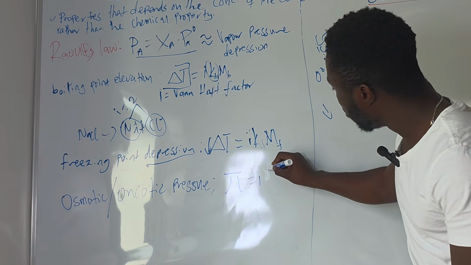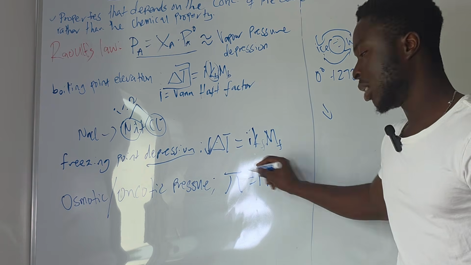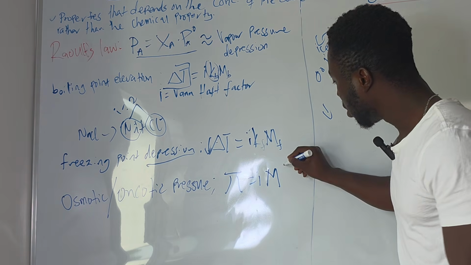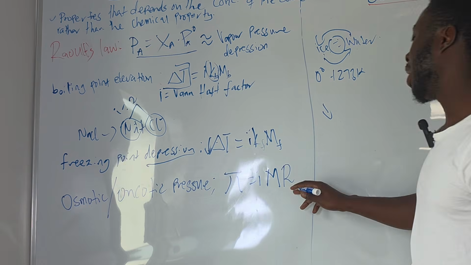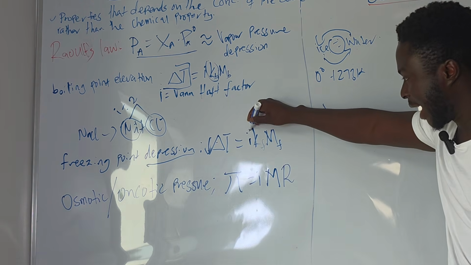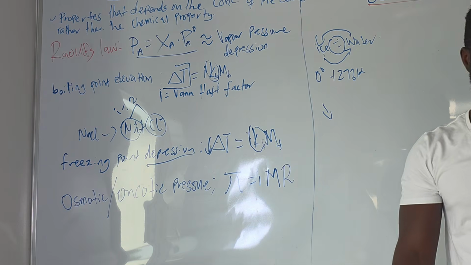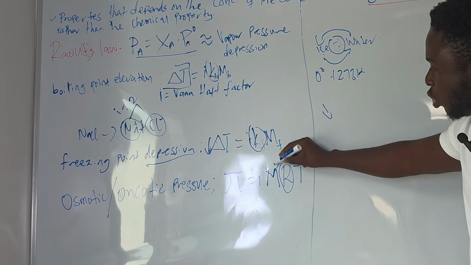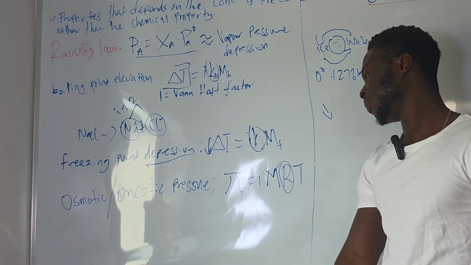Then the molarity, the concentration of the solute. The molarity multiplied by R. Now, R is a constant of proportionality, just like Kf over here, times temperature. So this would always be given to you.